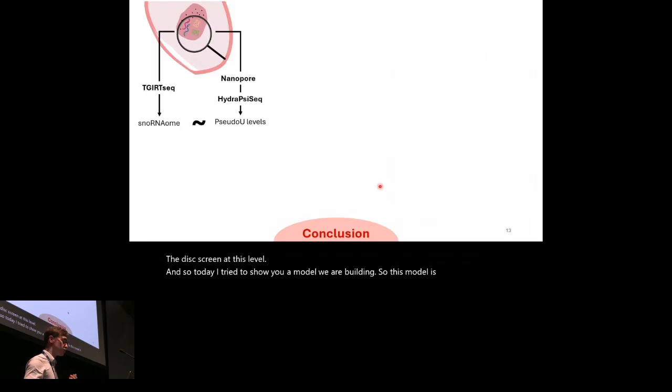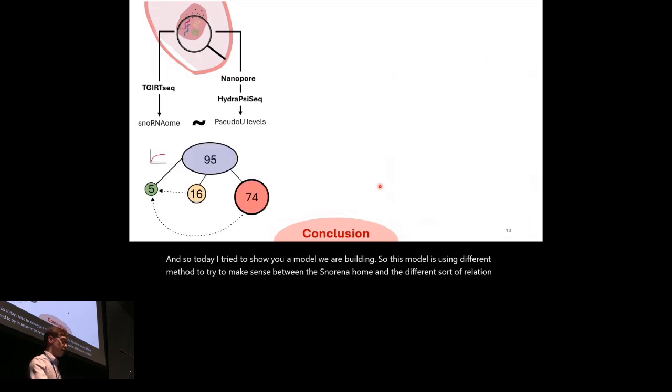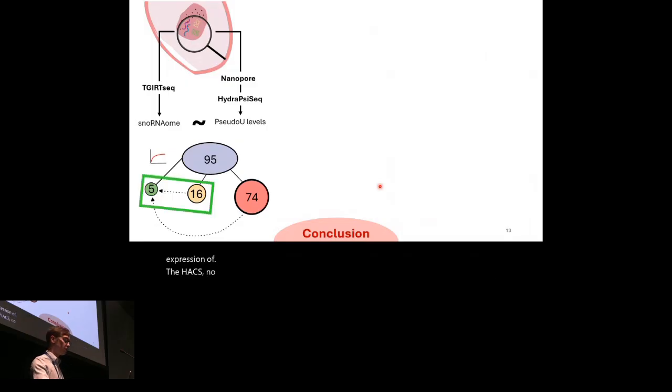At this level, today I try to show you a model we are building. This model is using different methods to try to make sense of the relation between the snoRNA and the different pseudouridylation levels in the cell. As we have seen, most of the sites do not really associate with the expression of the HAC snoRNA. We only have about 21 sites that show a good correlation with the expression of the snoRNA.